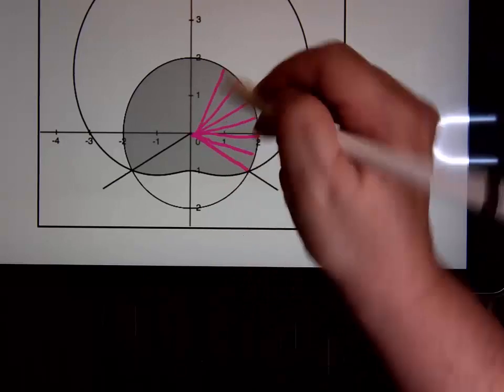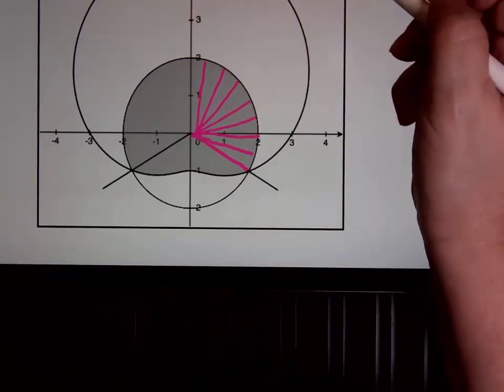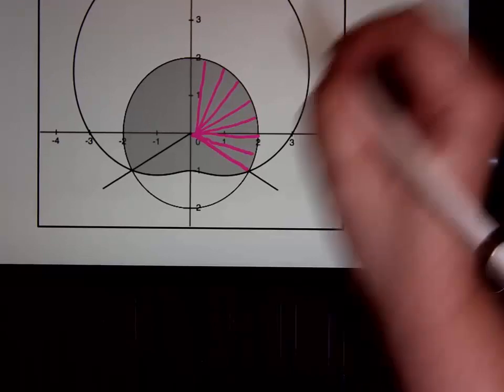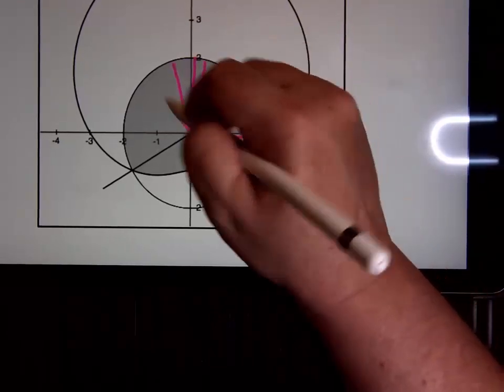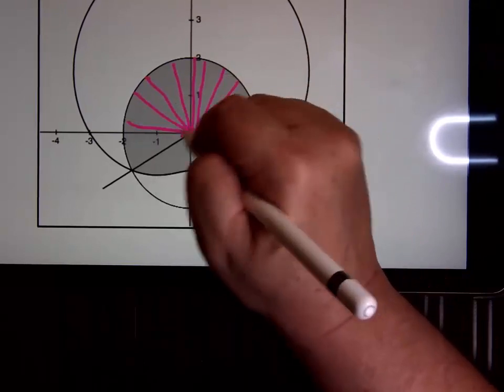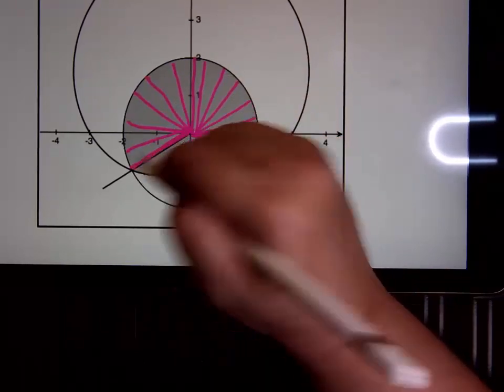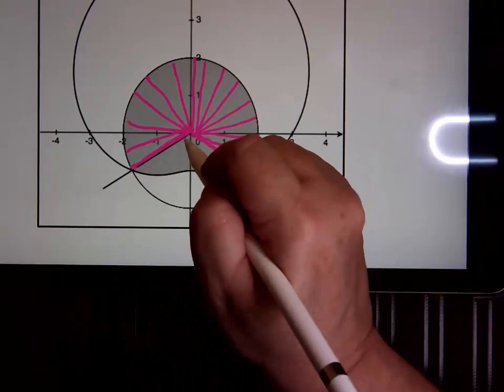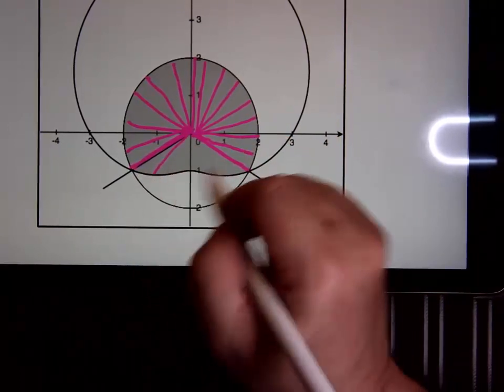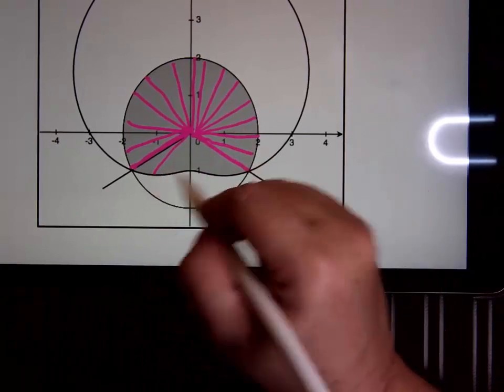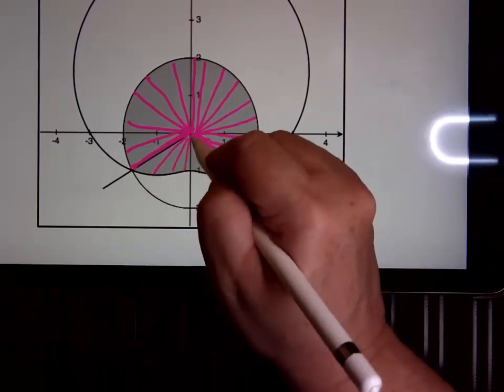I'm hitting the circle. I'm stopping at the circle, right? So if I start here and start going around, I'm hitting only the circle until I get to here. Now, if I keep going, am I still hitting the circle? No, this is the bottom of the cardioid. Are you seeing what I'm doing?